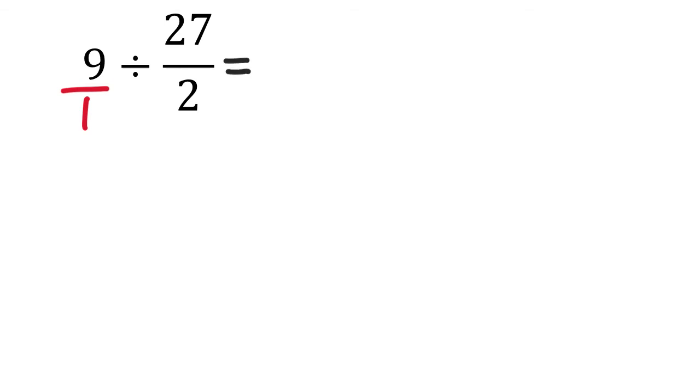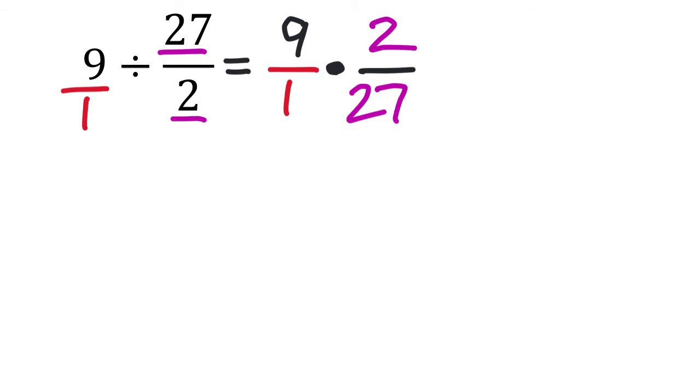When we have a dividend, it does not need to reciprocate. Okay, so I'm going to keep it as 9 over 1. I am going to change the operation. Instead of division, we'll have multiplication. And then I will reciprocate the 27 over 2. Since it's reciprocated, it will be 2 over 27. And again, the reciprocation allows us to change that into multiplication.